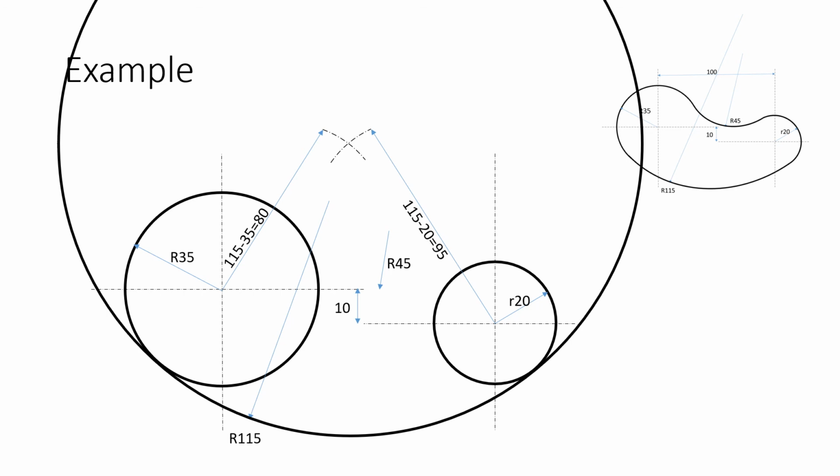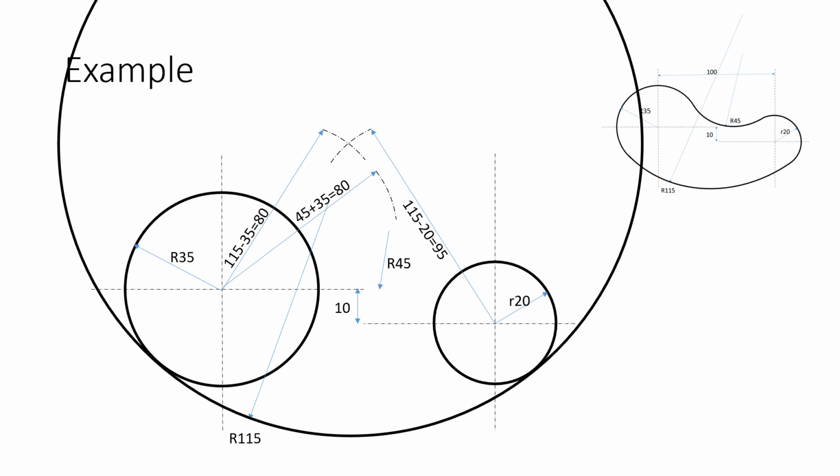Next, we look at the R45 circle, which is going to be an external tangent. All the circles are going to be on the outside. So when it's external, we add the radii of the required circles.